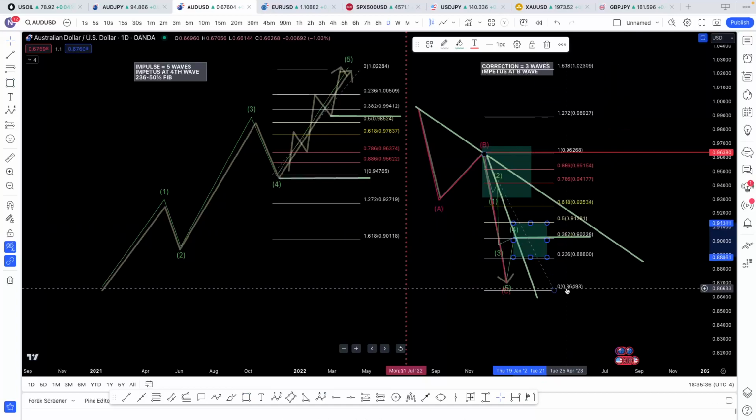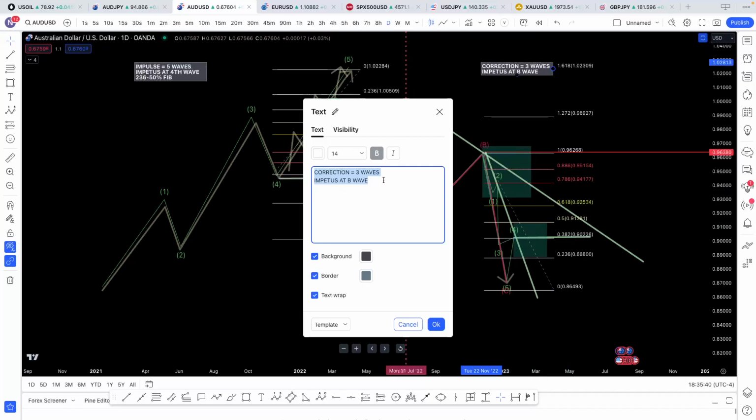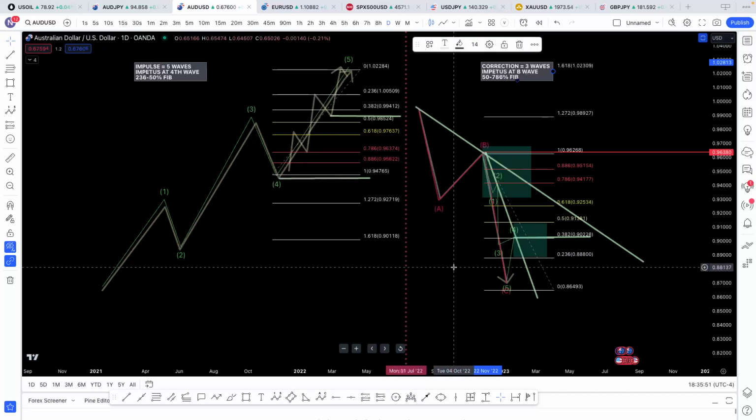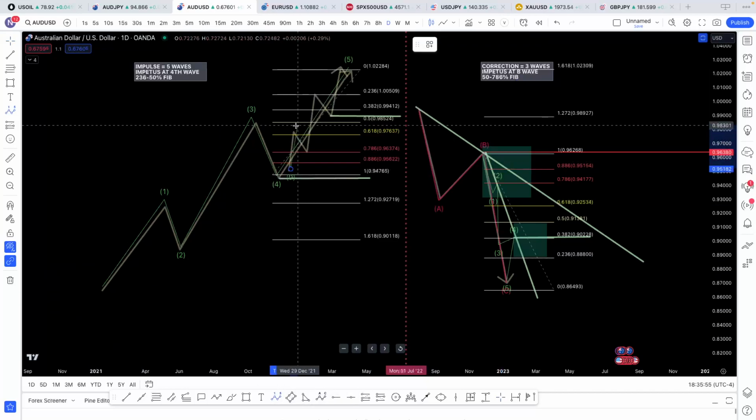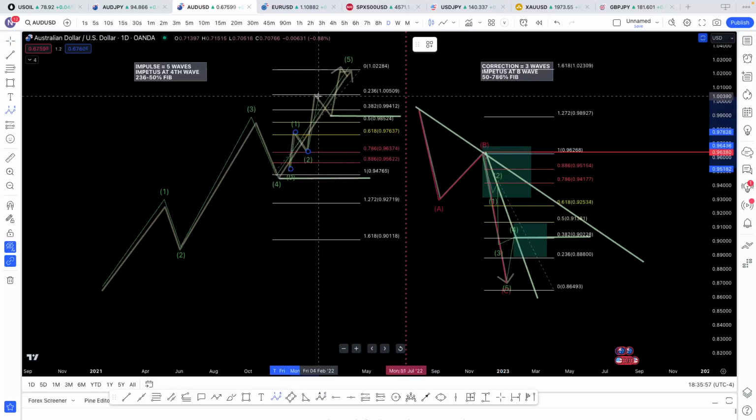So it seems like I'm missing something. Oh, so I want to put on here the fib measurement for a correction, 50 to 786% fib, and I want to actually put this on here for it.